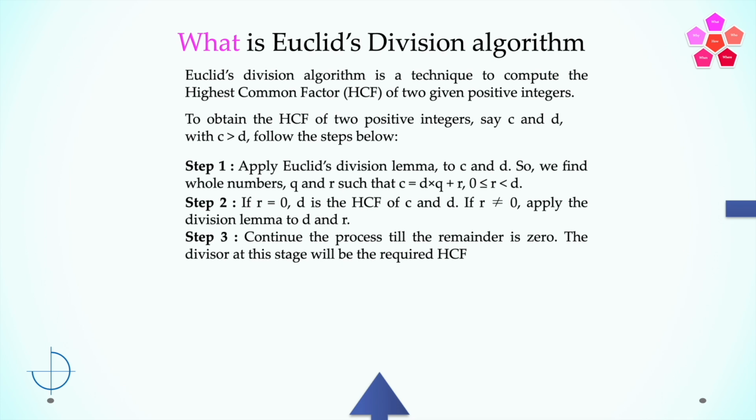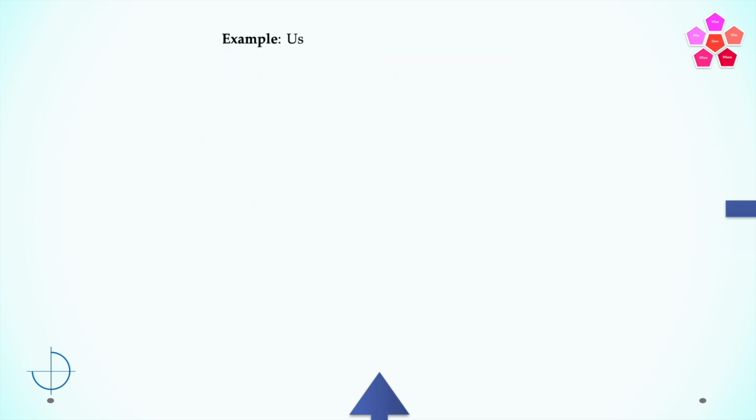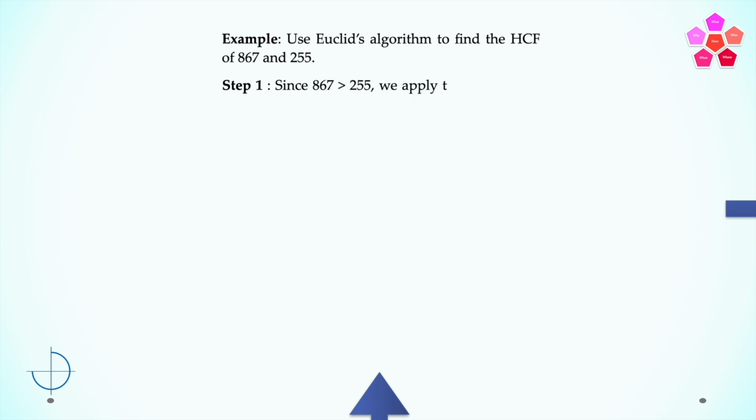Let's take an example to summarize what we have understood in these steps. Let's say we have to calculate the HCF of 867 and 255. As we know 867 is greater than 255, we apply the division lemma to get 867 is equal to 255 into 3 plus 102.